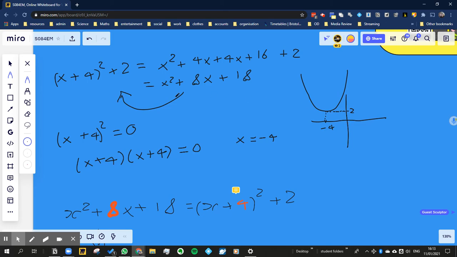Also, this means in this particular case there is no solution to the problem because it doesn't actually intersect the x-axis. So if I said all of this is equal to 0, solve the problem, you wouldn't be able to, because it never does equal 0.